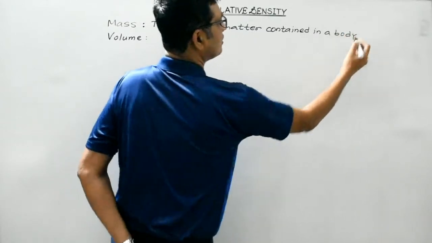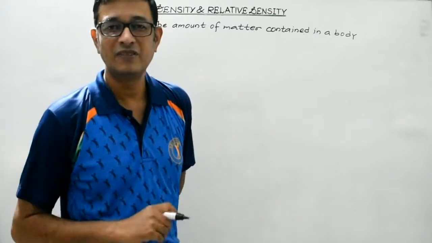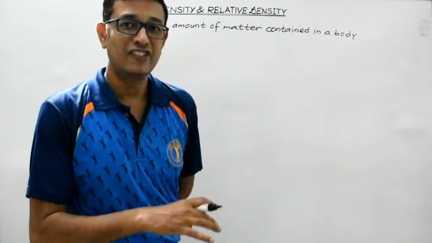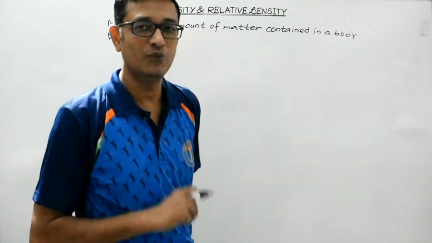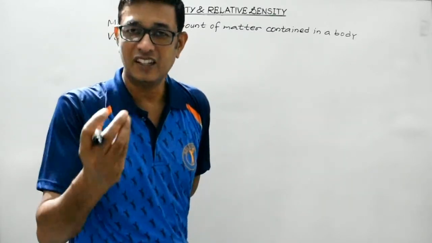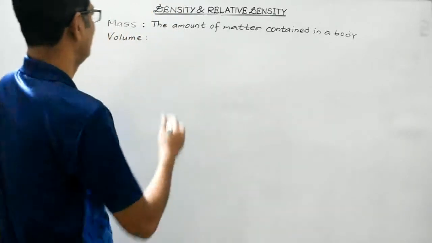That is known as its mass, right? While, how do you define volume? Any 3D object, it occupies space, and that is known as volume. So actually the space occupied by a body is known as its volume.